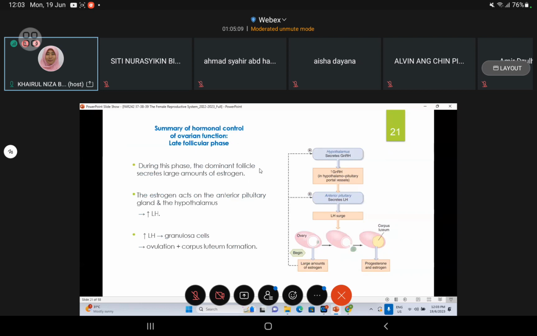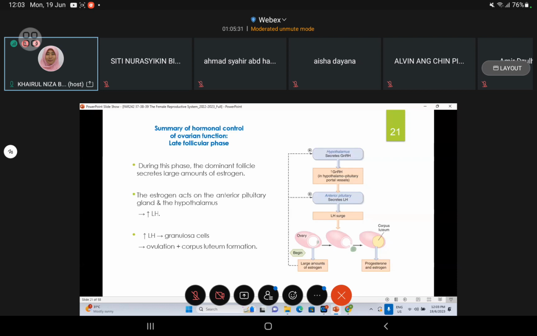So during this phase, the dominant follicle secretes large amounts of estrogen. And this estrogen acts upon the anterior pituitary to secrete more LH, and also on the hypothalamus to secrete more GnRH.